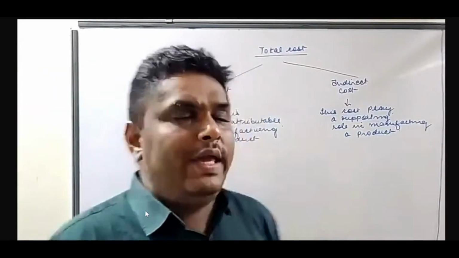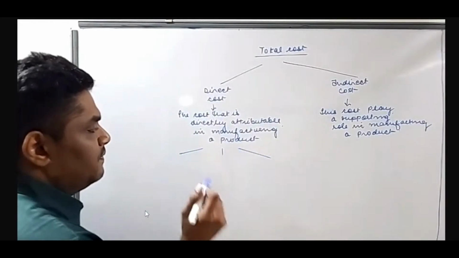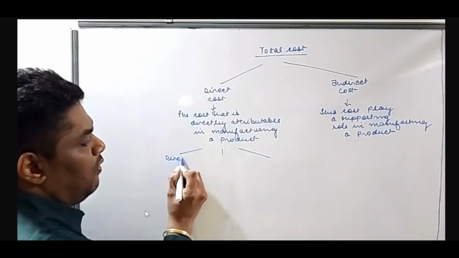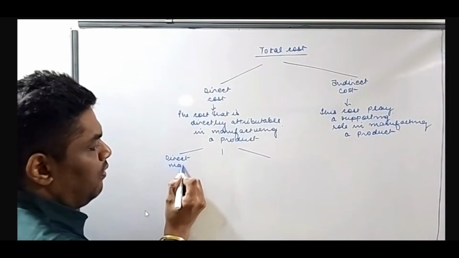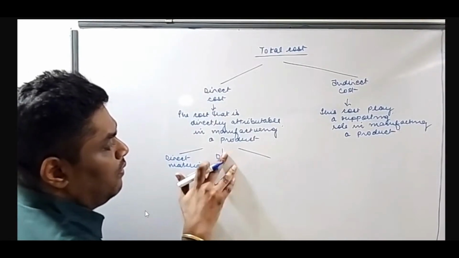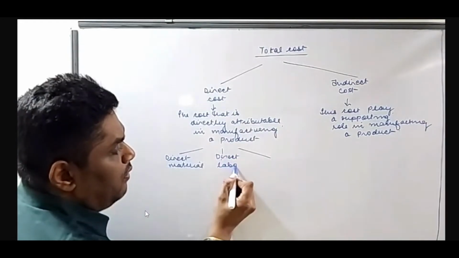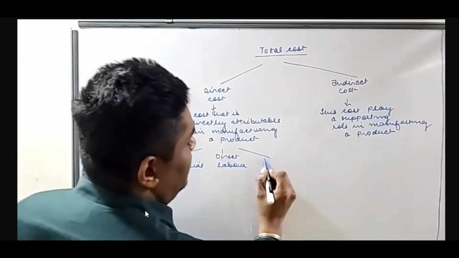Now, when talking about direct cost, it can be classified in three parts: direct material, direct labor, and direct expenses.